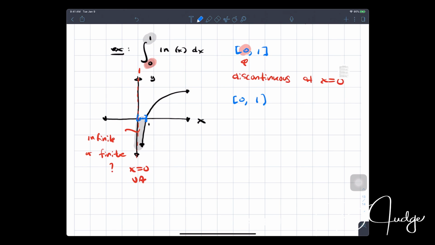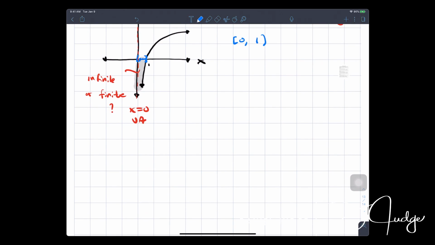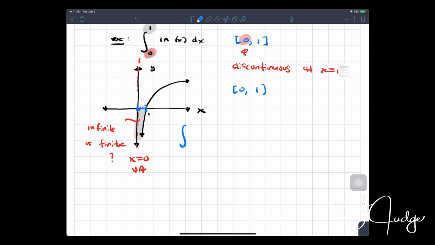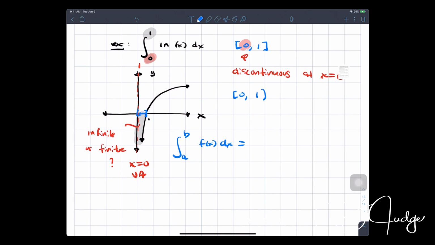And so to apply the definition, remember this is going to be the integral from 0 to 1. And let's go back. Let's actually write down that definition here for us. The integral from a to b, f of x dx. We're going to replace the bound with t. So we're going to have the limit as t goes to.